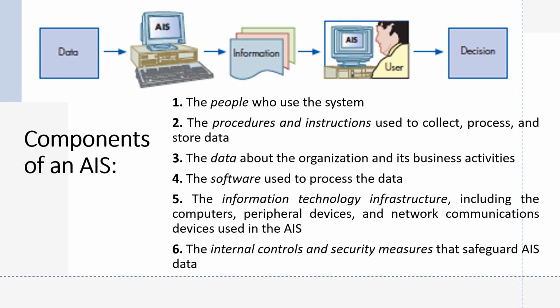The third component is the data, which is the business activities data captured by the AIS, like the sales process, the purchase process, finance, and so on. The fourth is the software used to process the data. Fifth is the information technology infrastructure, which includes the computers, peripheral devices, and network communication devices used in the AIS.